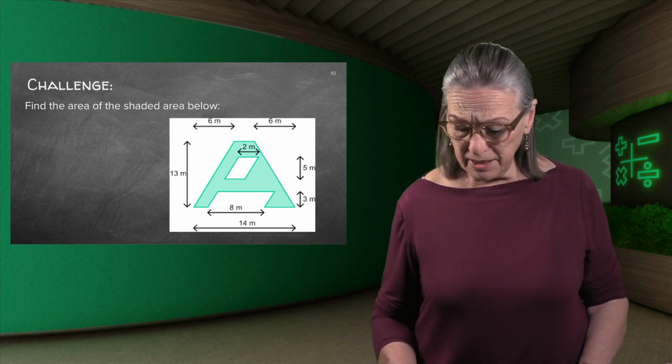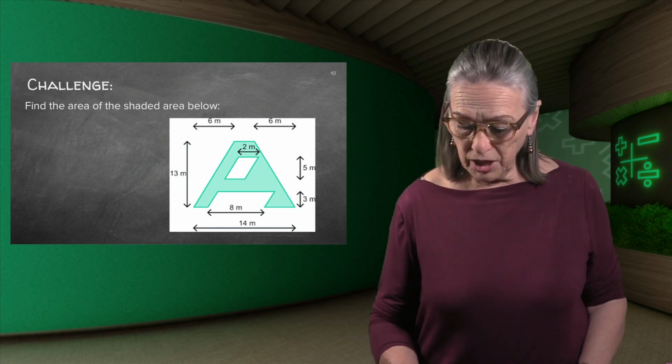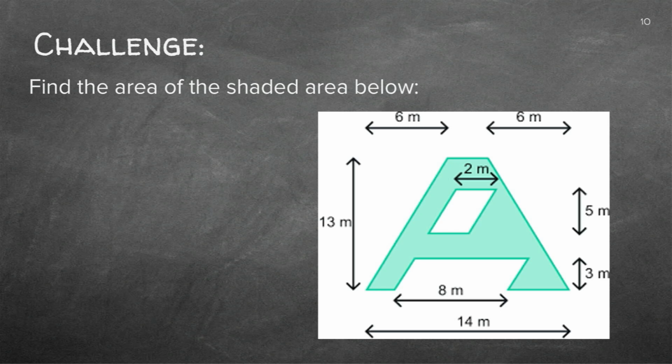It's very difficult to break this into smaller areas, but we can work out the big rectangle, and we can chip away until we've only got the A left. So there's a triangle, there's a triangle, there is a parallelogram, but it's like a L times B formula.